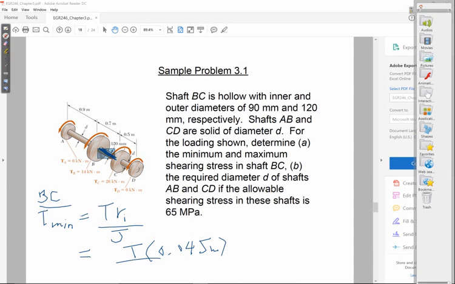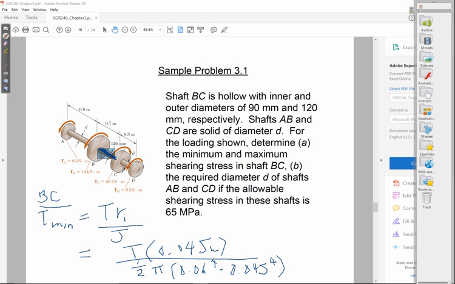And then J is 1/2 pi times the outside radius, 60 millimeters, 0.06 to the 4th, minus 0.045 to the 4th. That's how you find tau minimum, and tau maximum is more or less the same, except you replace that 0.045 on top by 0.060.